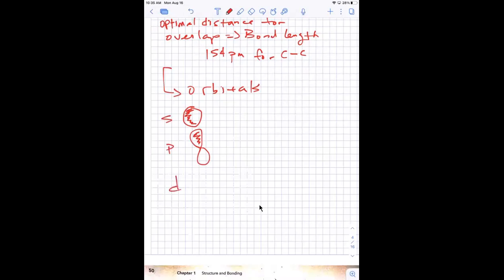But let me just write one. So you have a dumbbell and a donut. I don't know if y'all ever talked about that in chem, but you have a dumbbell and donut. And you also have a d orbital that looks like that. So there are 5 different d orbitals: dxy, dyz, dxz, dx squared minus y squared, and dz squared.